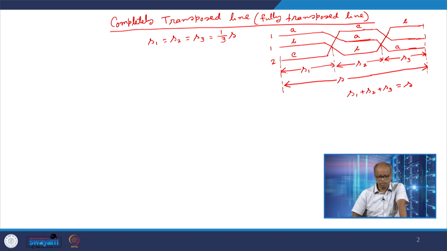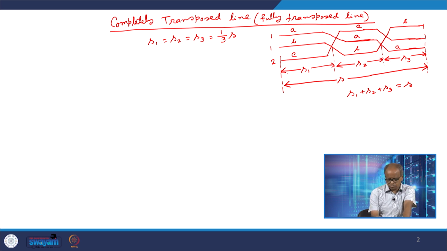So when we are talking about completely transposed line, we are talking about a very special case where all these three sections are of equal length. Now we would like to see what happens to the impedance matrix and what happens to the sequence impedance matrix of this kind of transmission line when it is fully transposed.